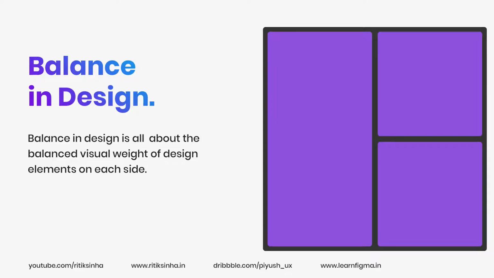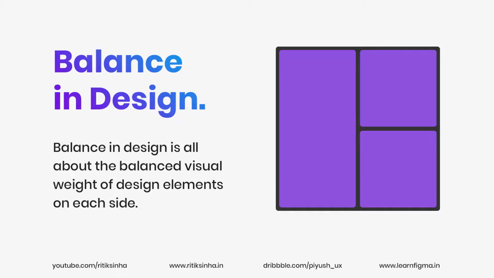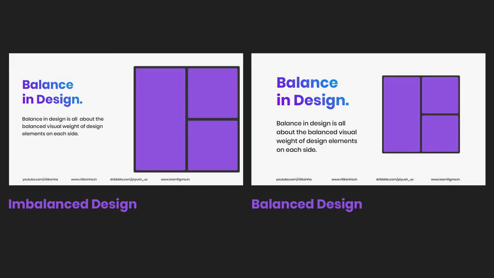Think of it like this: every visual element you use in your design has a weight to it, like text, shapes, boxes, images, etc. So you'd want your design layout to be balanced with all the content that's in it. Something like this. Now I have my design, which is in this case my slide, well balanced than my previous design, which was tripping all over to the other side.